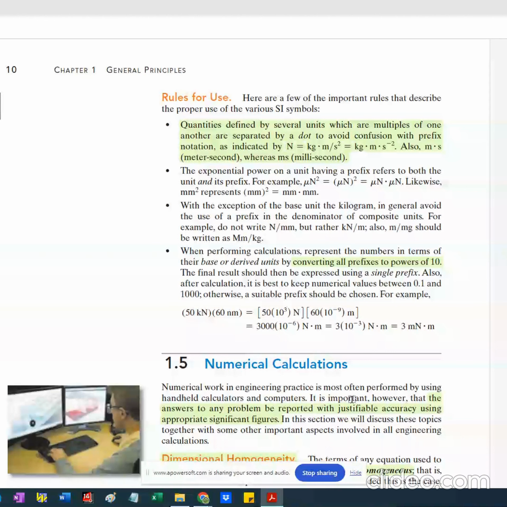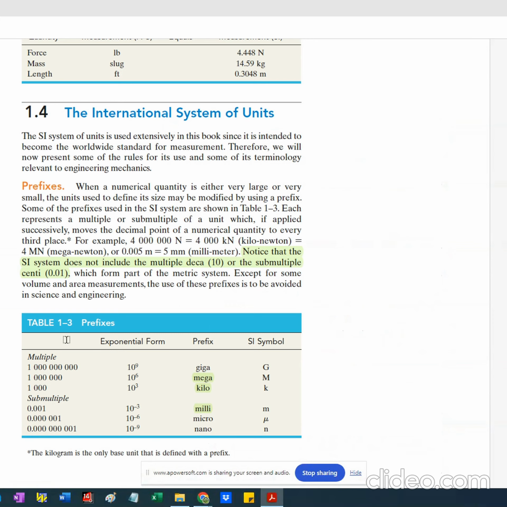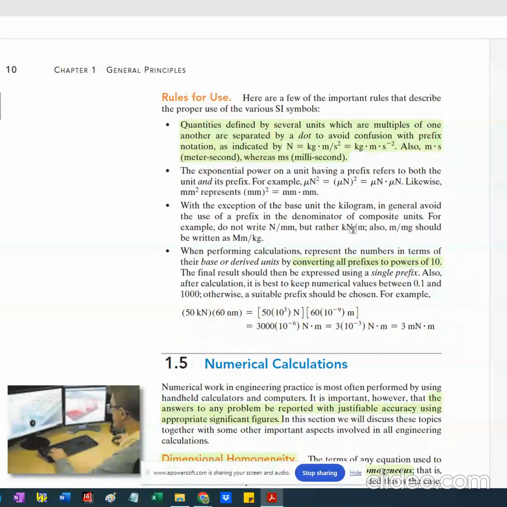And then this discussion is about using prefixes on the numerator rather than the denominator. So instead of newton per millimeter, he recommends kilonewtons per meter. And meter per milligram should be megameter per kilogram.